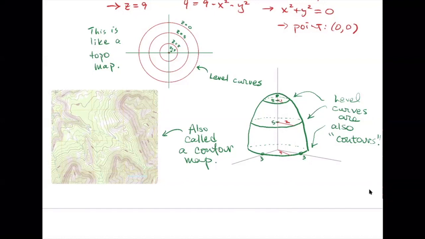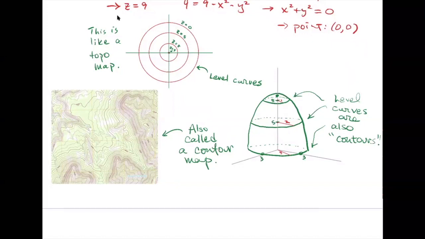So basically this is a top-down view, if you set your function equal to z, and a side view, if you set the function equal to y or x. Yeah, I just think what you're doing is when you look at the level curves, I think of this as just making the z coordinate 0.